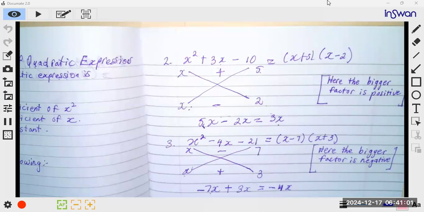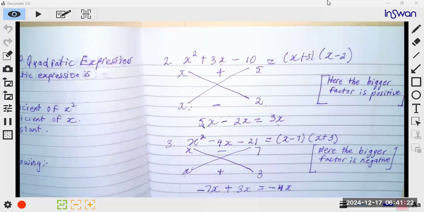Understand it? Okay, dokie. So let's move on.